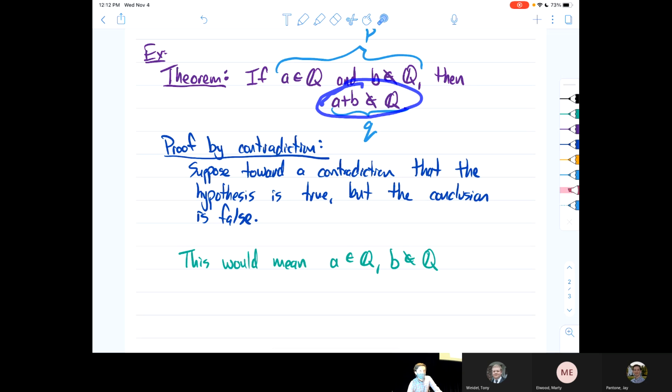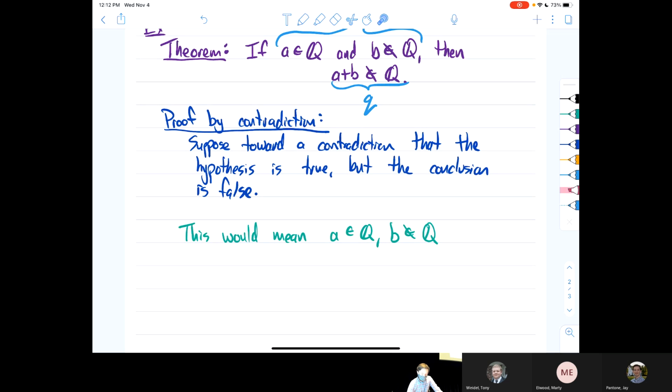So the negation of "A plus B is not rational" is "A plus B is rational." So we're assuming A is rational, B is not, and A plus B is rational. So we've set up our hypothetical situation, and we're going to try to show that something must go wrong. Are there any questions so far?